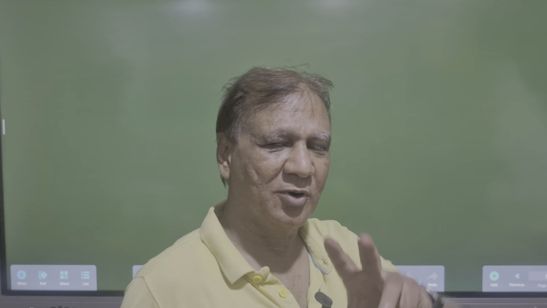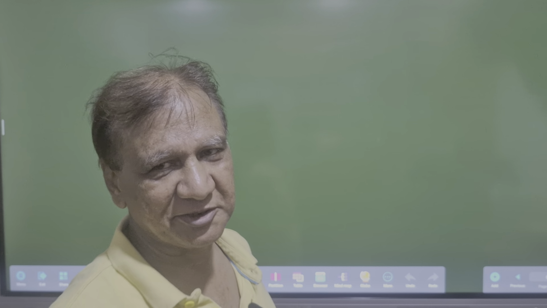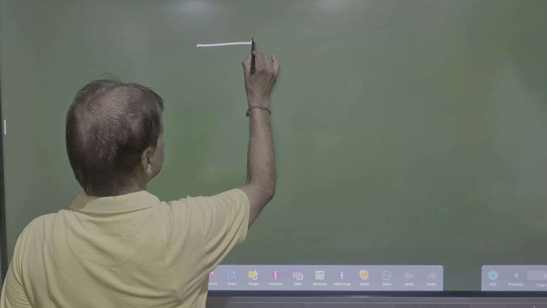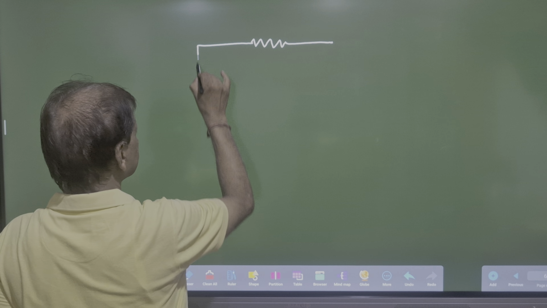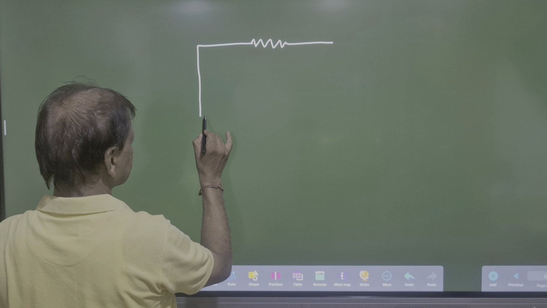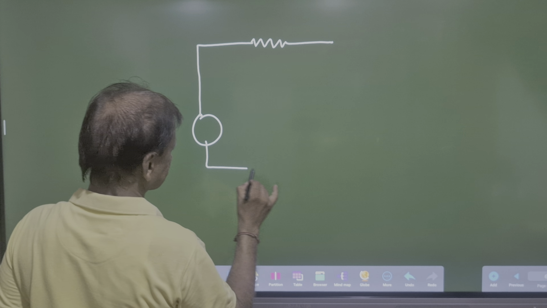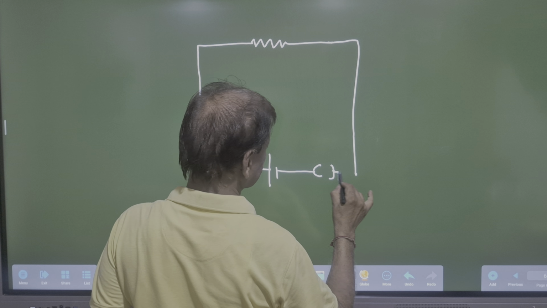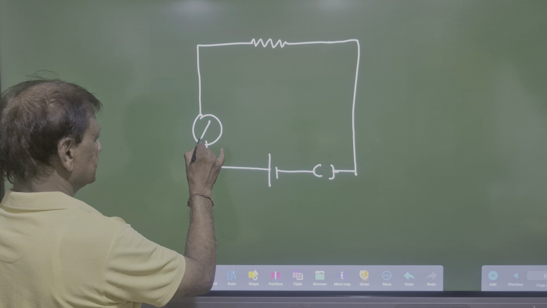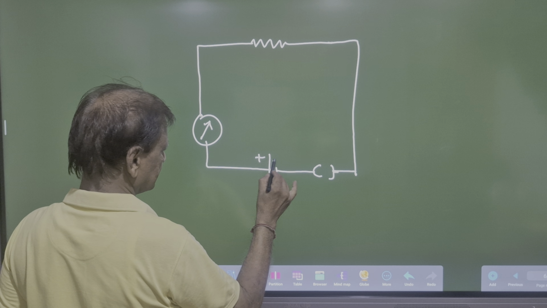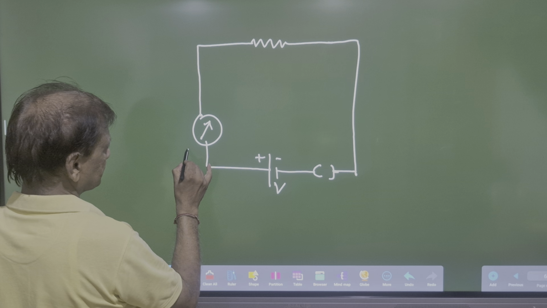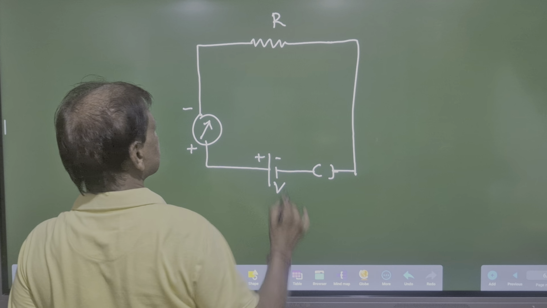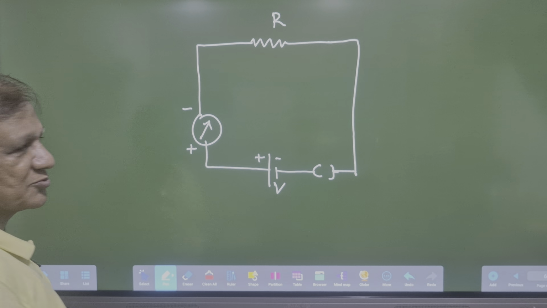Now I will put a small circuit to make you understand how the circuit is formed and how electricity works. So this is a small circuit diagram.